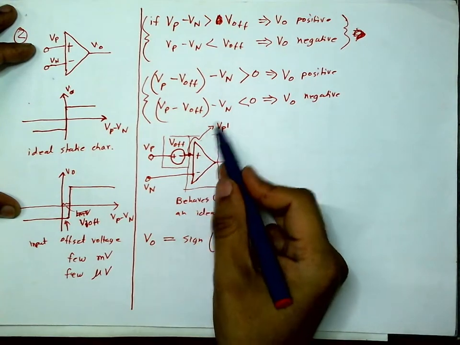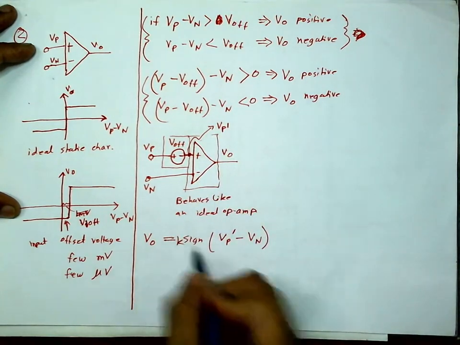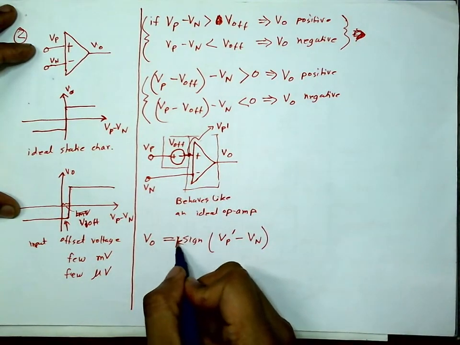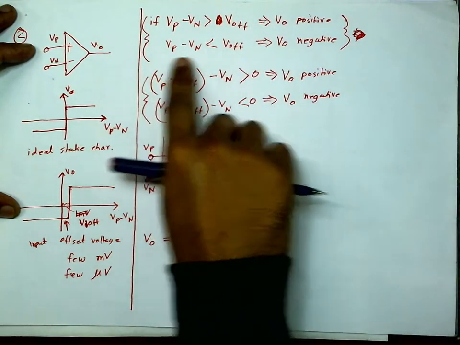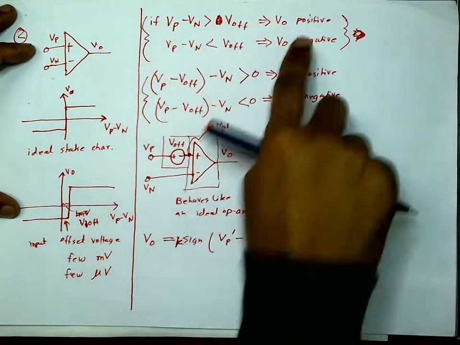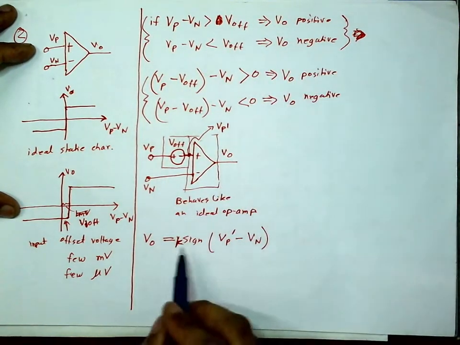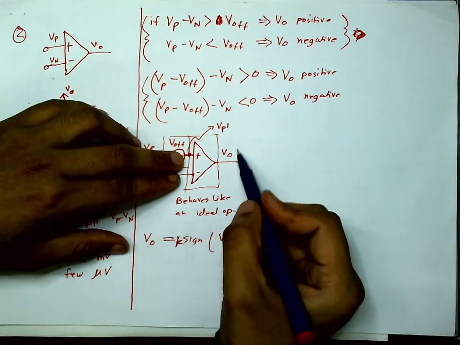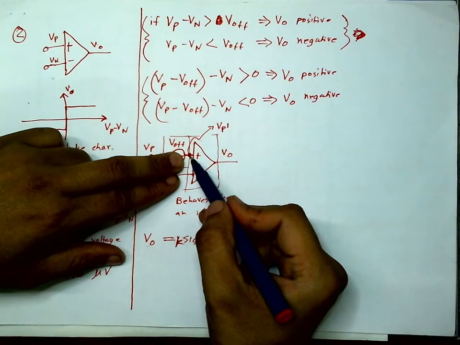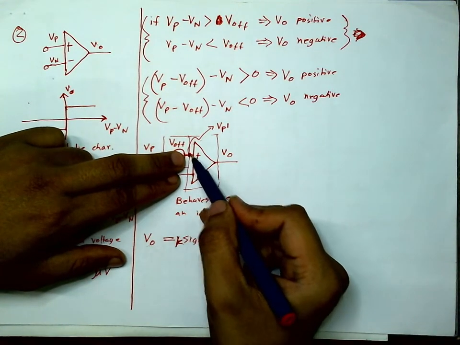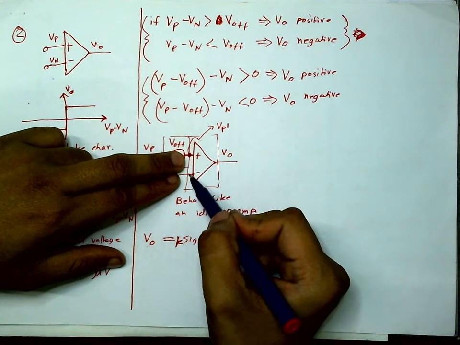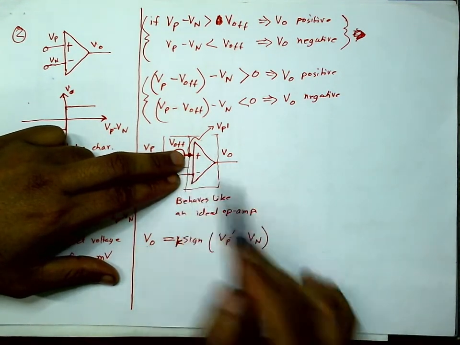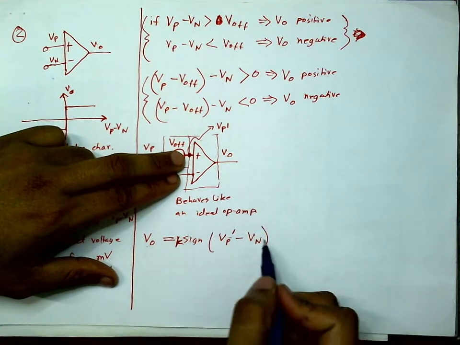If this voltage is positive, maybe multiplied by some factor. But I just want to write it in short, otherwise I could have written it in this form with if-else statements. So Vo is positive when this point is at a higher potential than this point, Vp prime greater than Vn, because this part is an ideal op amp.